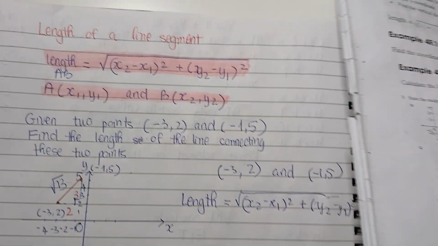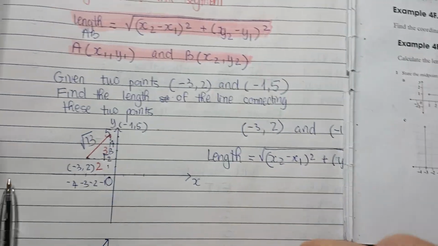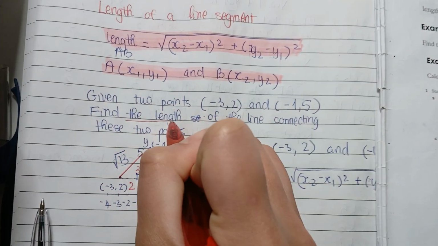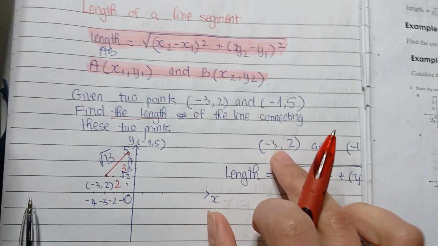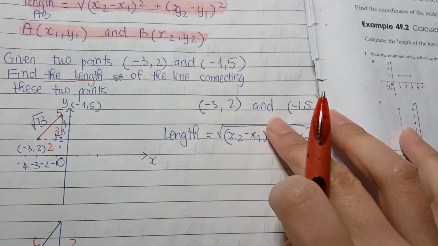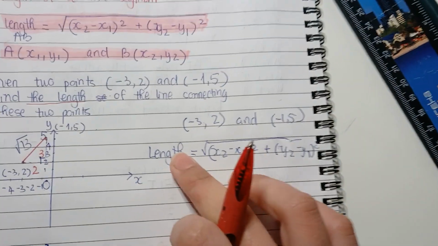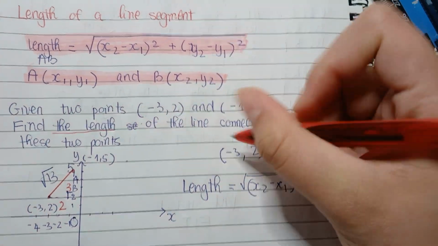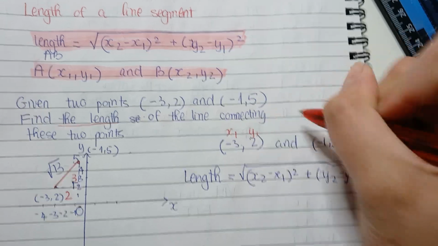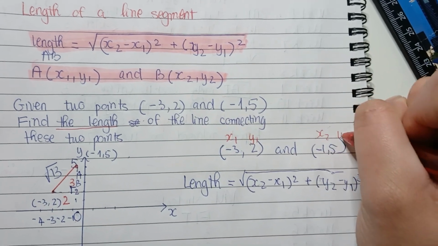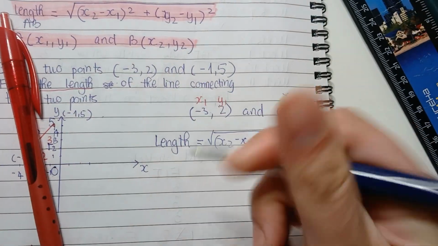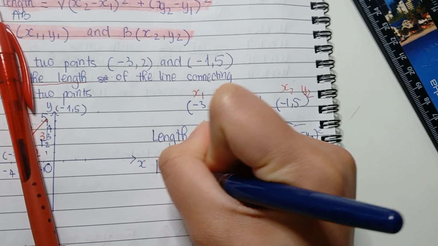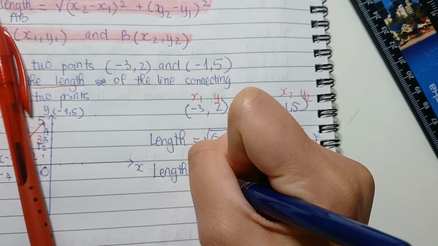All right, my second step: the question asked me to find the length of the line connecting these 2 points. So my next step will be labeling: x1, y1, x2, y2. And then put them into the formula.